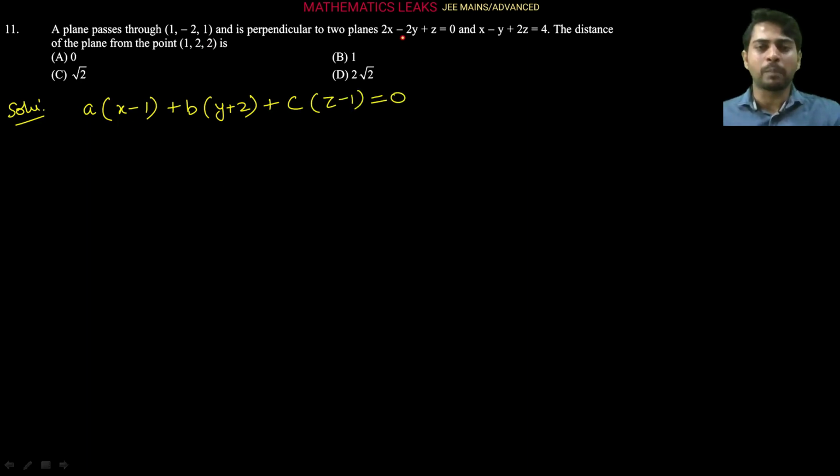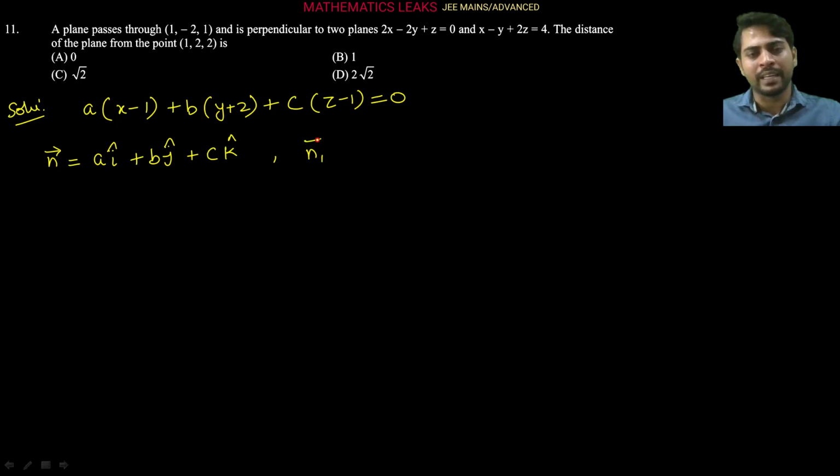Now this plane is perpendicular to these two given planes. It means their normals will also be perpendicular to each other. So from this plane equation, its normal, denoted by the vector n, can be written as a i cap plus b j cap plus c k cap. Similarly, the normals of these two planes I am denoting by vectors n1 and n2.